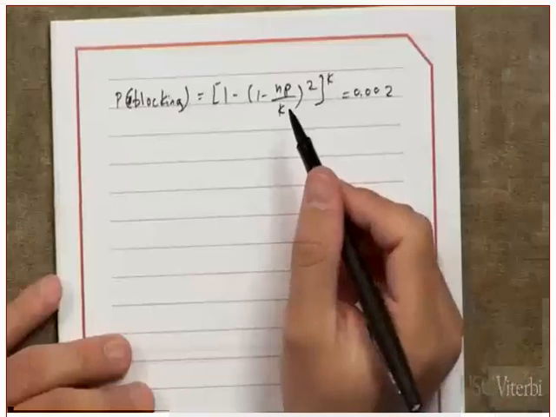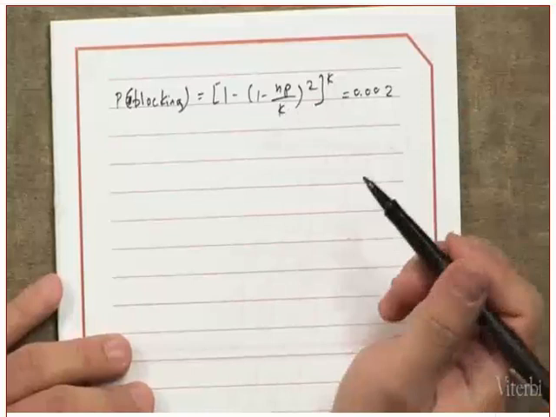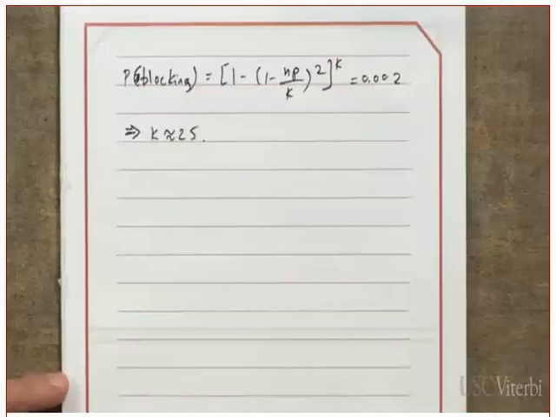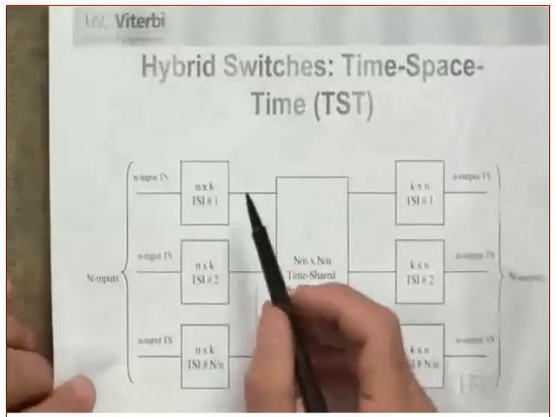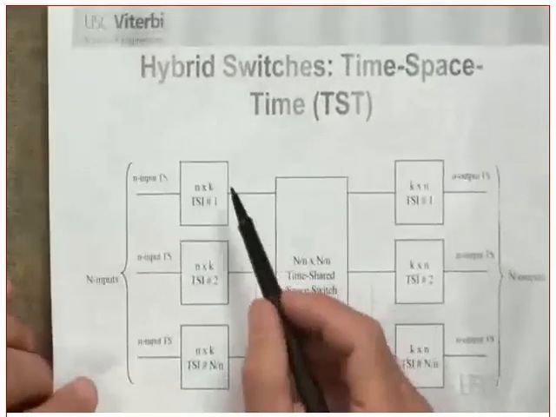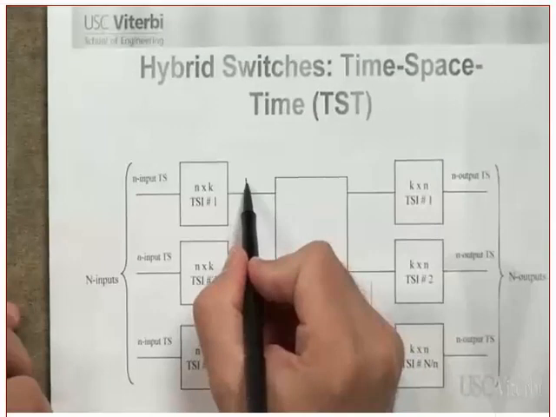Okay, now the complexity. For the complexity, if you are familiar, you can again use the formulas, otherwise we can quickly go over it. How do we express complexity in switches? Complexity equals number of crosspoints plus number of memory bits, data and control, divided by 100 usually.